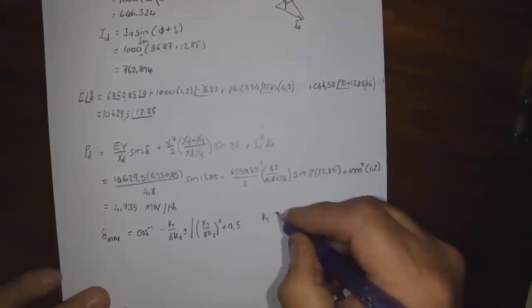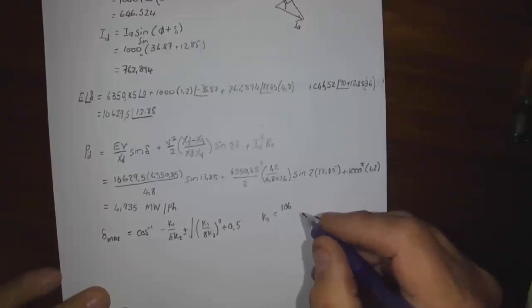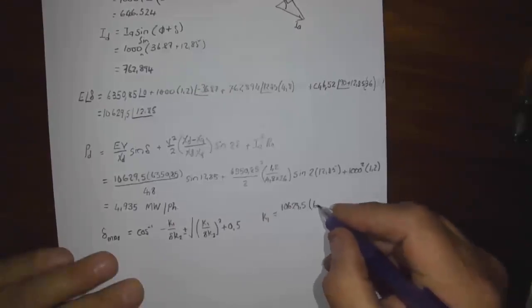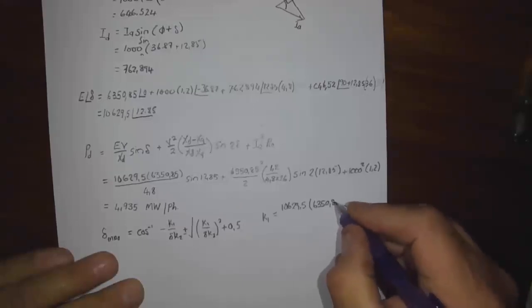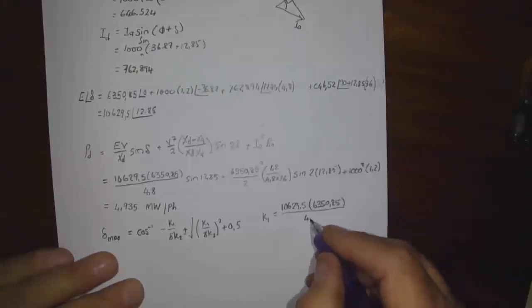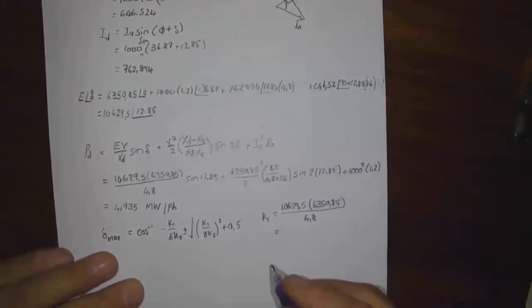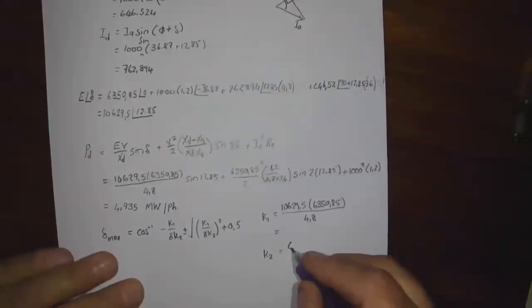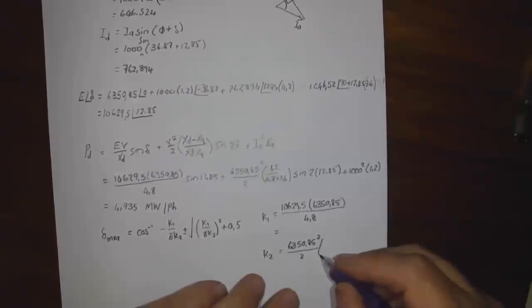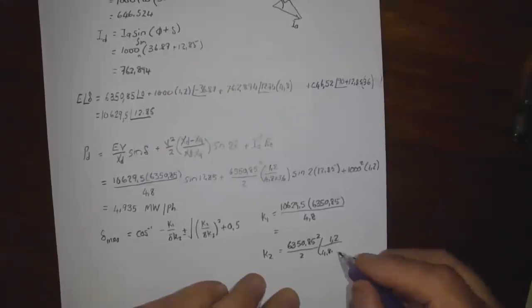So K1 is then 10629.5 times 6350.85 divided by 4.8. And then K2 is 6350.85 squared over 2 times 1.2 divided by 4.8 times 3.6.